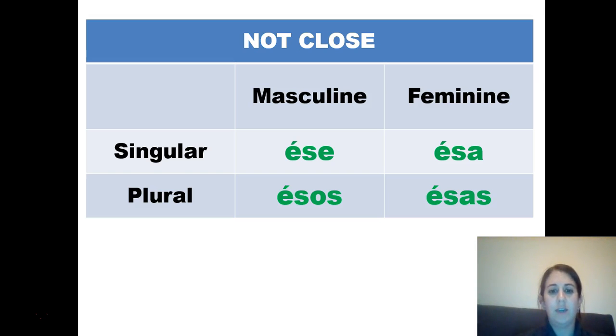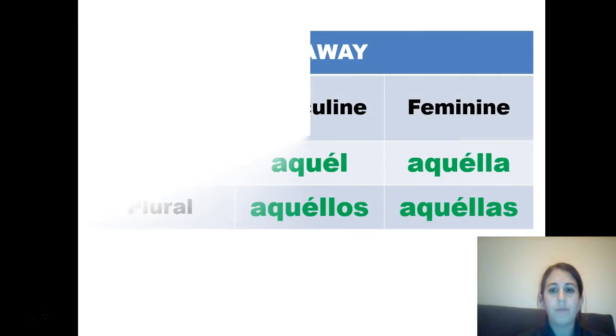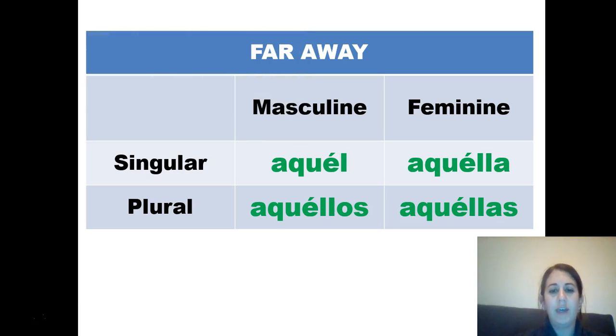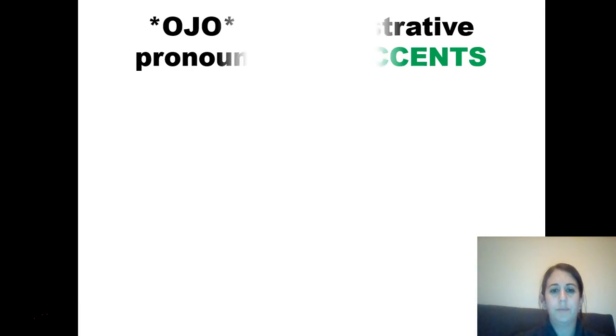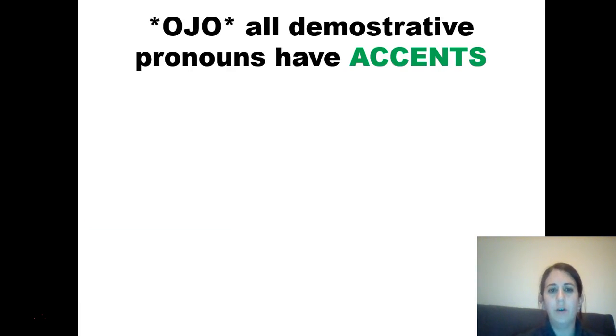Again, you have an accent on those E's. And then, of course, aquel is going to look a little bit different. That accent is on the E that's kind of in the middle of the word. So, aquel, aquella, aquellos, aquellas. So, of course, our demonstrative pronouns have accents.